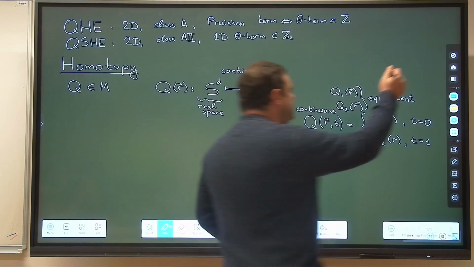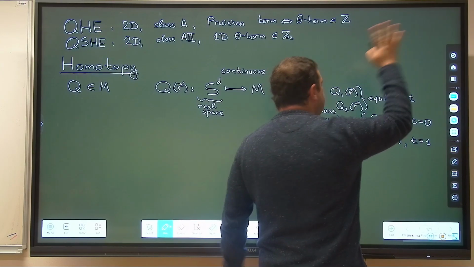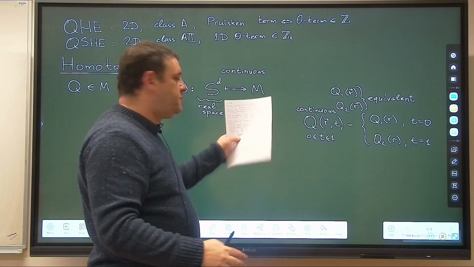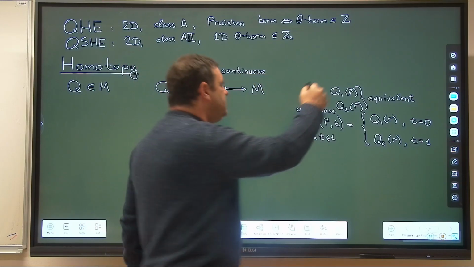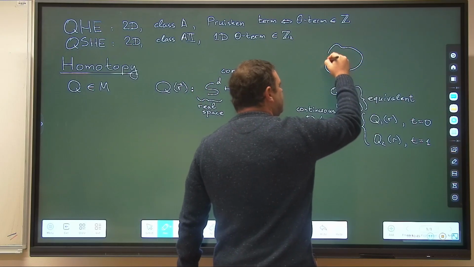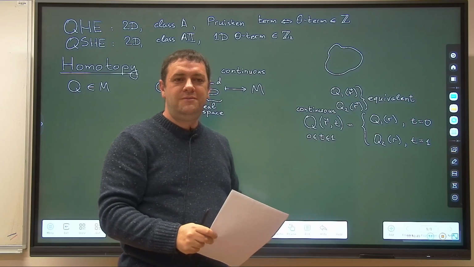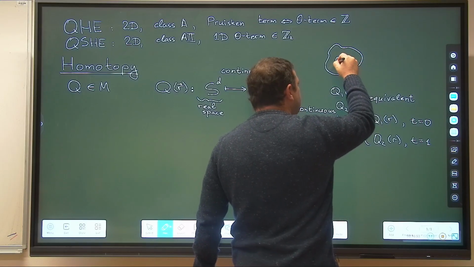So just an example. Imagine this board, this thing is our space M, and we map S1, the one-dimensional sphere, here. This is a loop, a map from S1 onto the board. This is another map from S1 into the board.